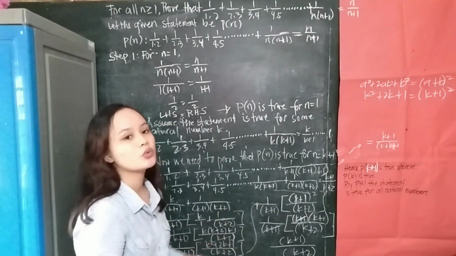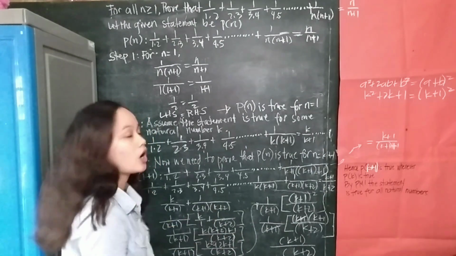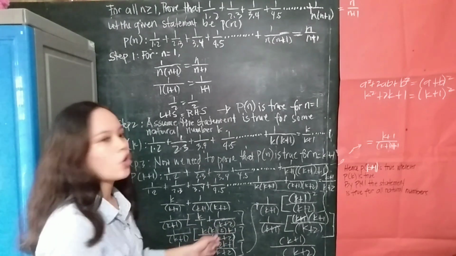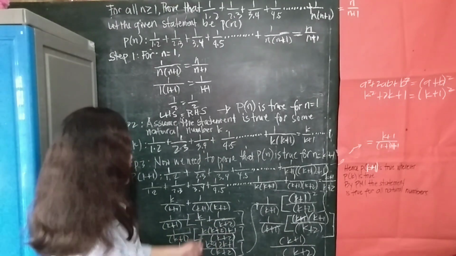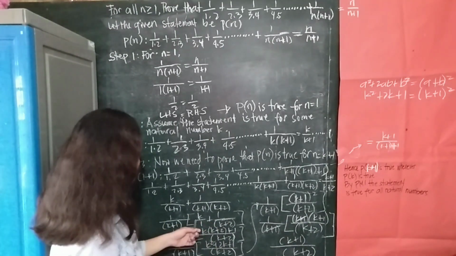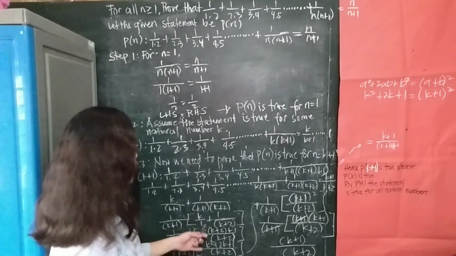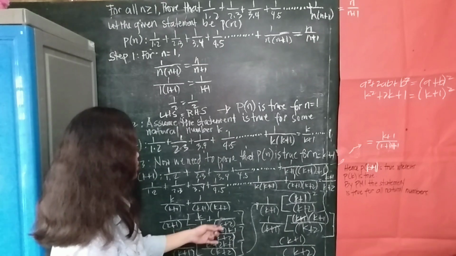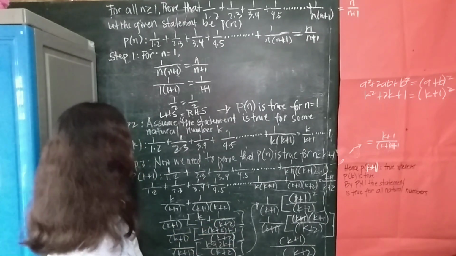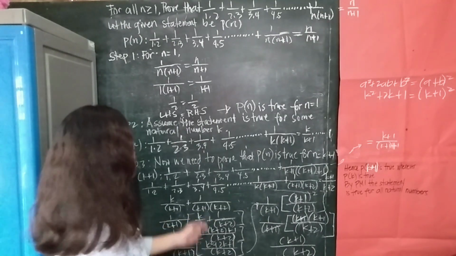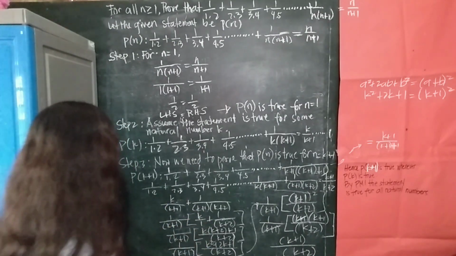Then next step we are going to get the common term for each term, which is 1 over k plus 1. And then the remaining term will be k over 1 plus 1 over k plus 2, since we already got the common term, which is k plus 1.